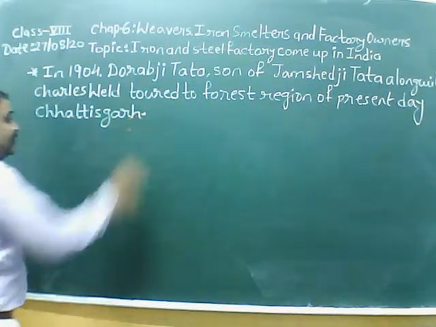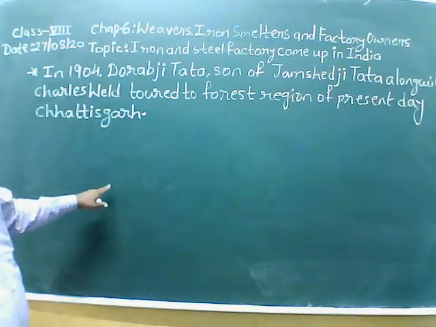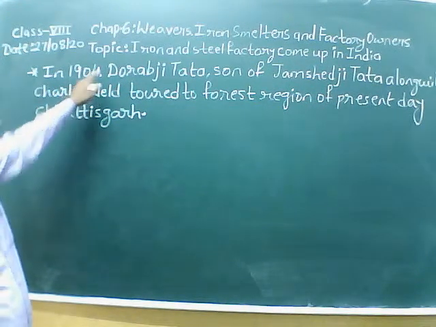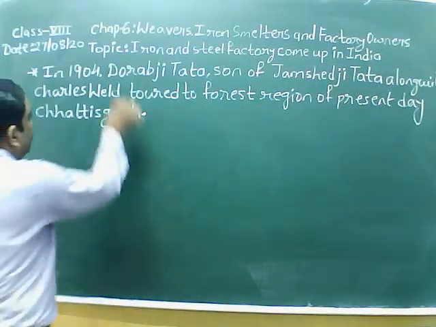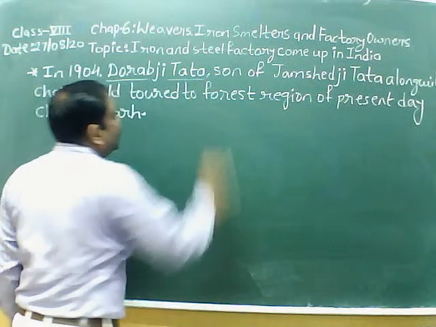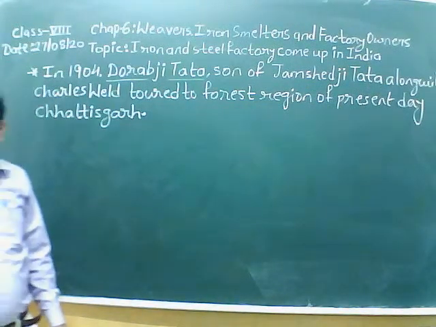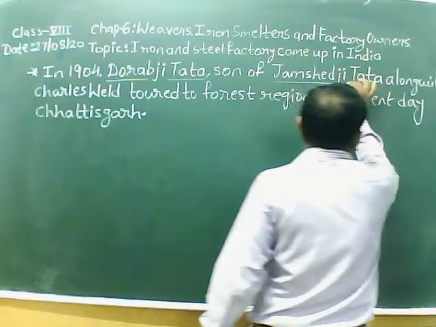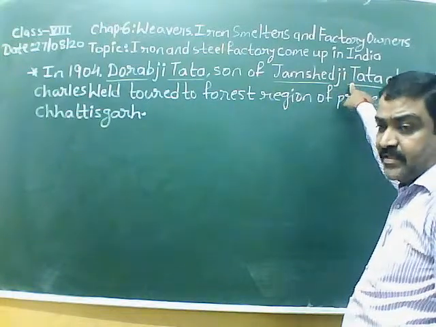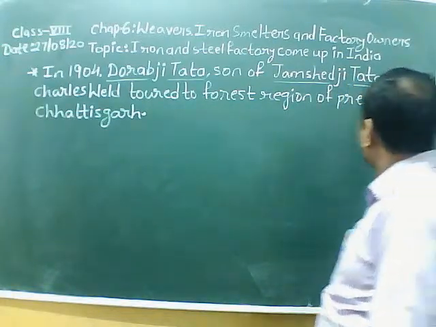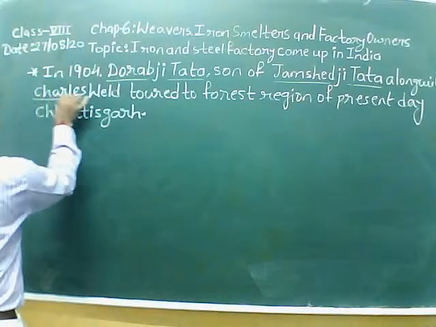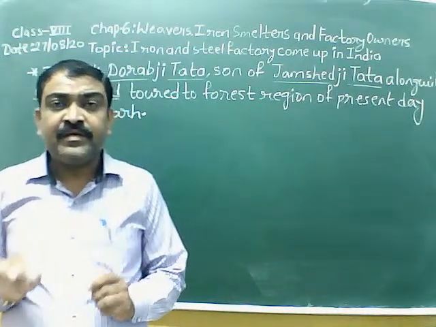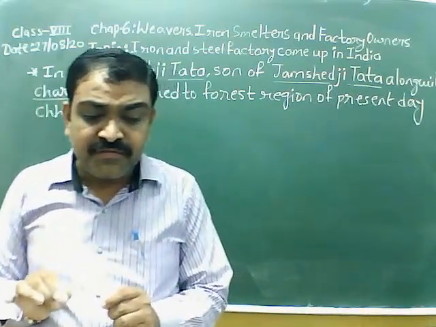Now the story begins from which year? The year 1904. A person named Dorabji Tata, who was the son of the famous industrialist Jamshedji Tata, along with Charles Webb. Now, who was Charles Webb? He was a famous geologist.